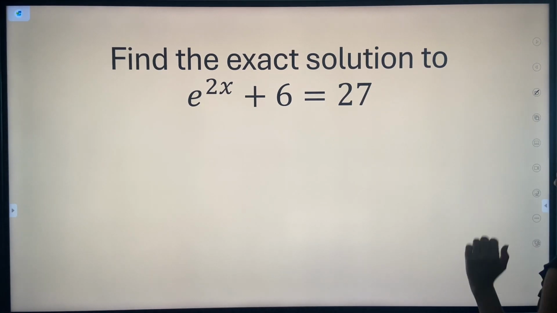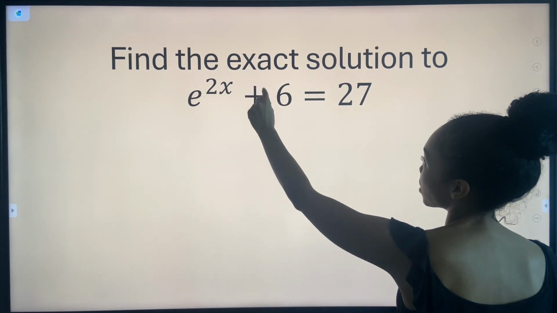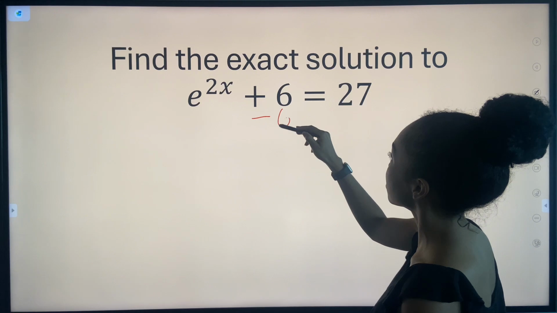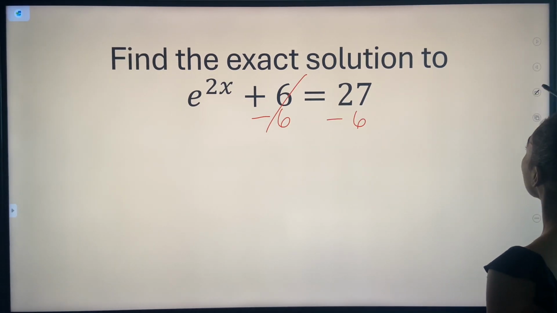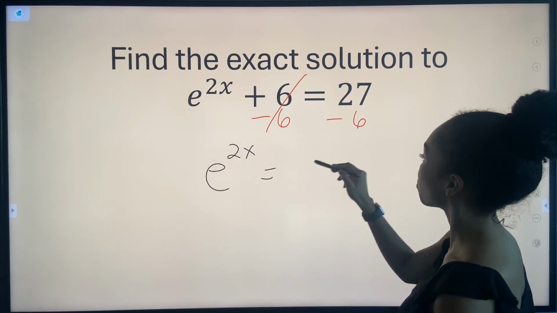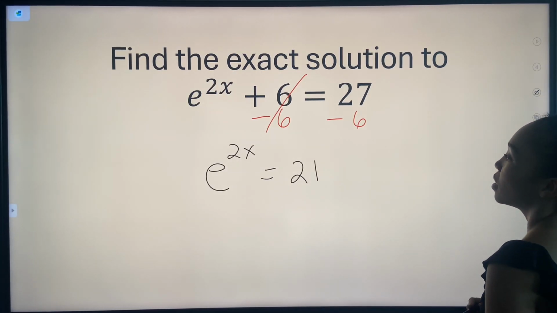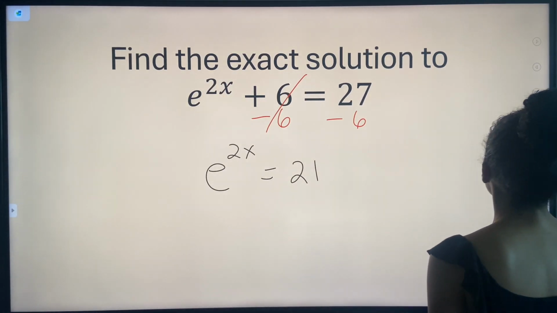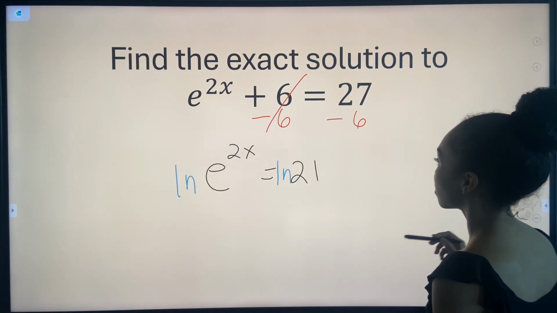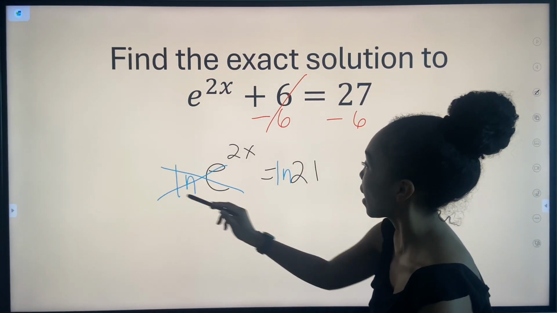Find the exact solution to e to the 2x plus 6 equals 27. First, we're going to subtract 6 from both sides. So you're left with e to the 2x equals 21. Now, to get rid of this e, I'm going to take the natural log of both sides so that those cancel out.